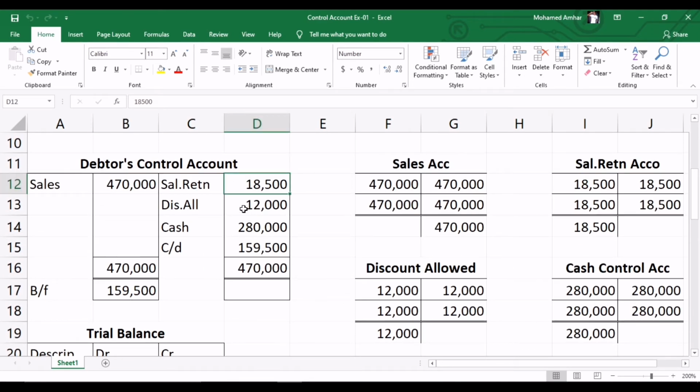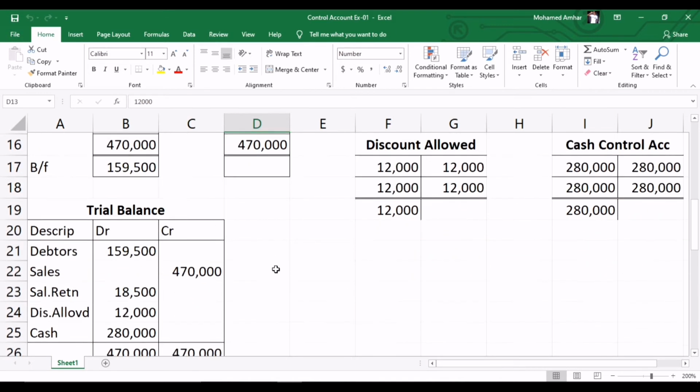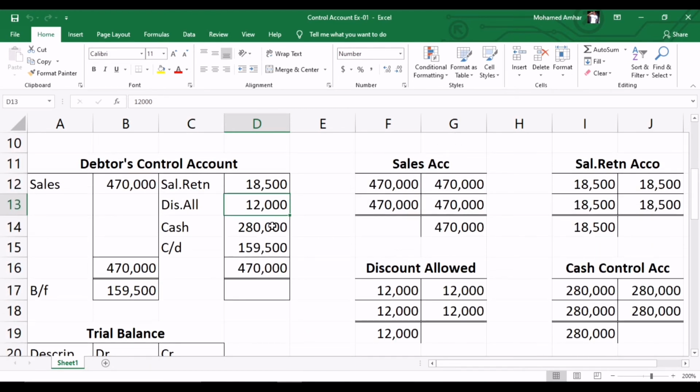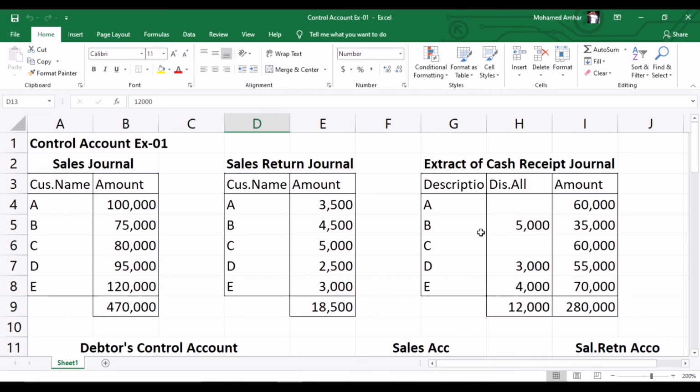Same as discount allowed, here we credited totally, and now you have to credit in the individual accounts one by one. So this 12,000 discount allowed: B 5,000, D 3,000, E 4,000.